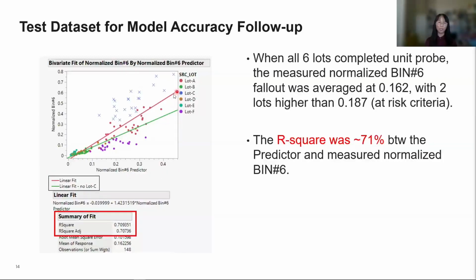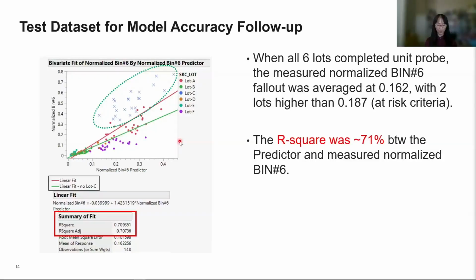So the correlation is about 71%. It is not bad, yeah. So it does help me to make the right decision. And none of them exceed the 0.187 criteria that is high risk. But you can see obviously one lot, the lot C, kind of behaves oddly.